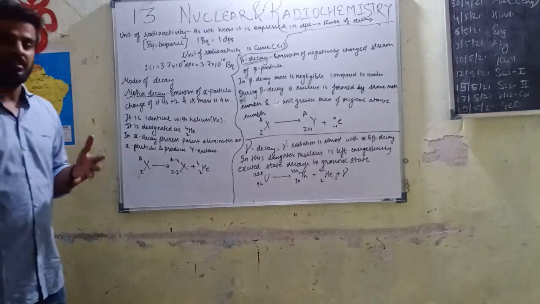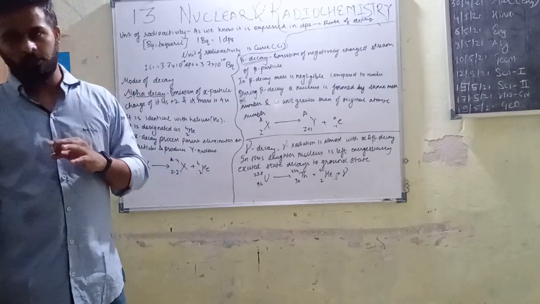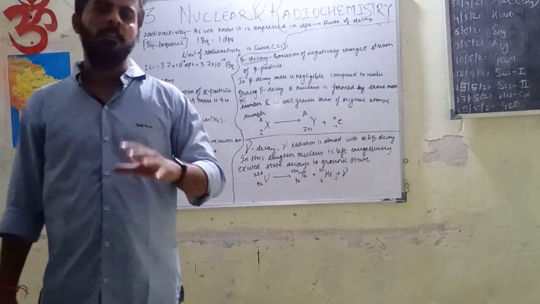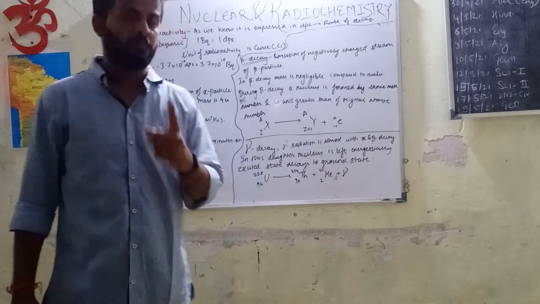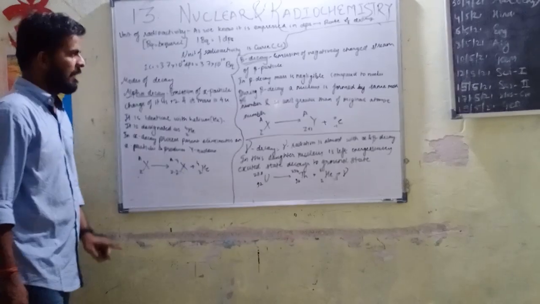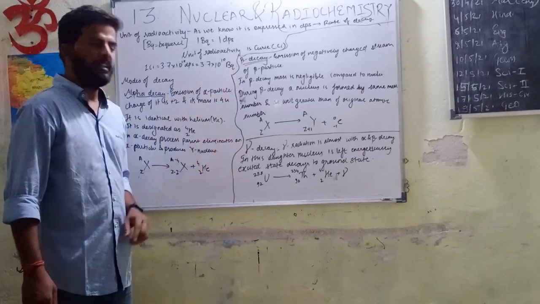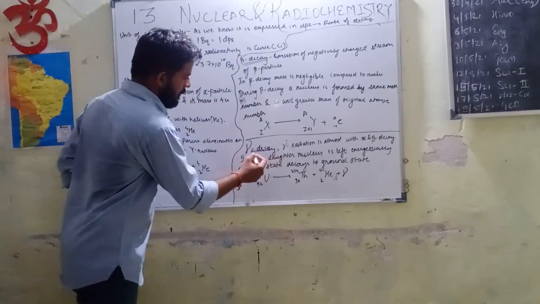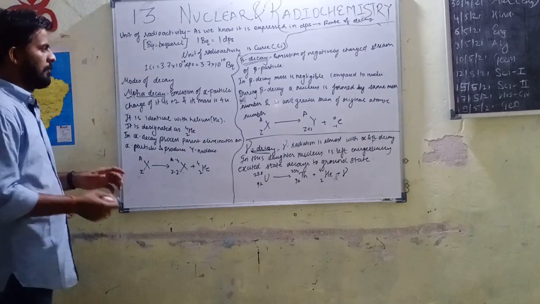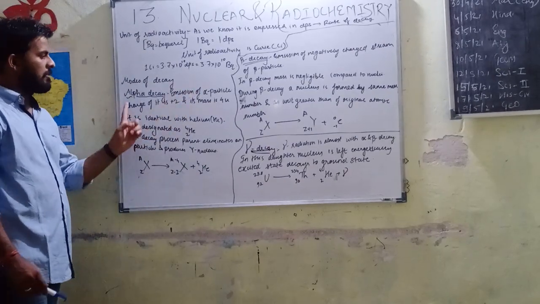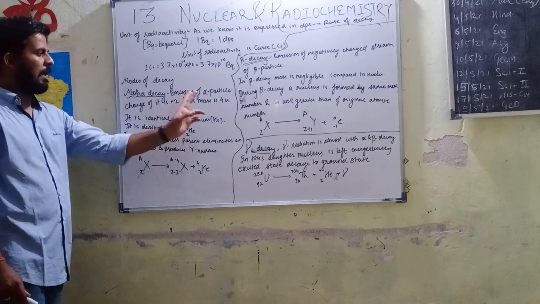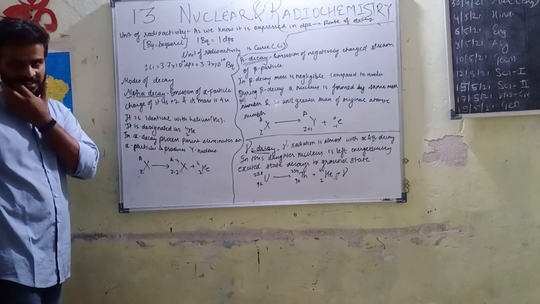Now, as we have discussed earlier, there are three types of emissions which generally happen in a radioactive element: alpha decay, beta decay, and gamma decay. Let us discuss alpha decay first. Alpha decay is emission of alpha particles. They have a charge of +2 and the mass is 4 units.